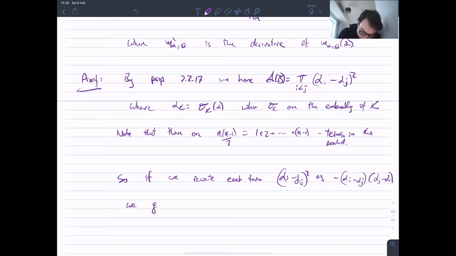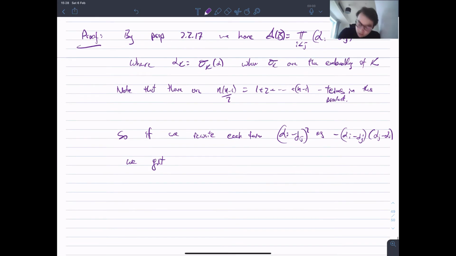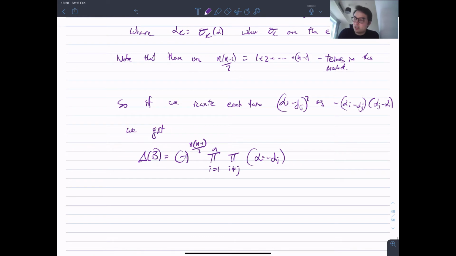We get the following. You plug it into the formula, so you get minus 1 to this number of terms that you've changed, so it's n times this. Then you have the product over I equals 1 to n, and the product of I different from j of alpha I minus alpha j. This is what this product turns into.